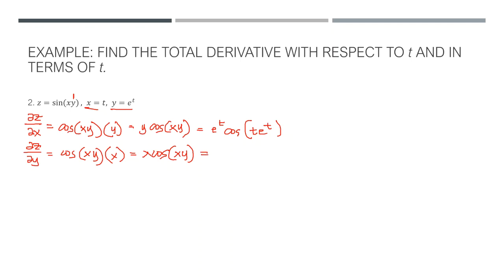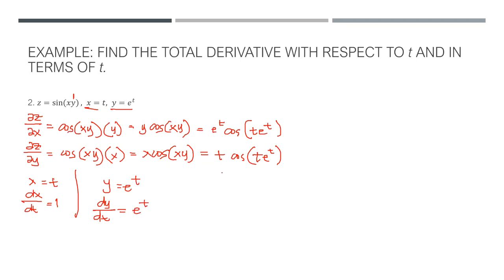And then for this one, we have t cos of t e raised to t. Okay, so after that, we can derive now the values of x and y. So derivative of x with respect to t is just equivalent to 1. Derivative of y, which is e raised to t, is just equivalent to e raised to t.